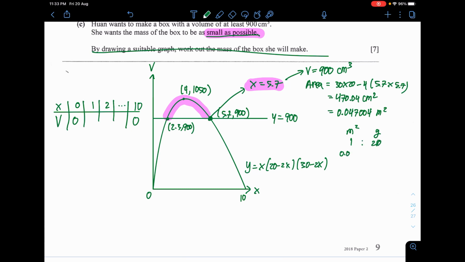Multiply it by 0.047 and you do the same thing. You get a mass of 9.87 grams. And that's the mass of the box that you will make.